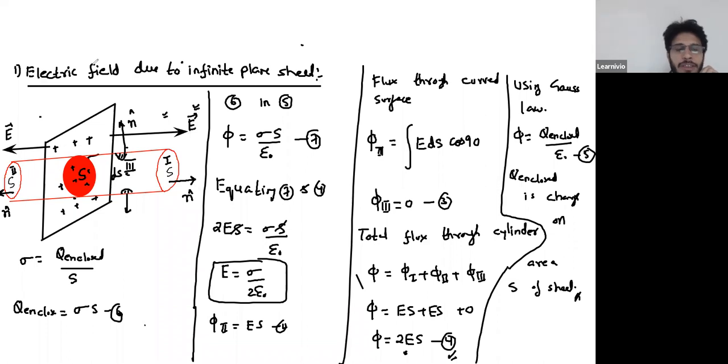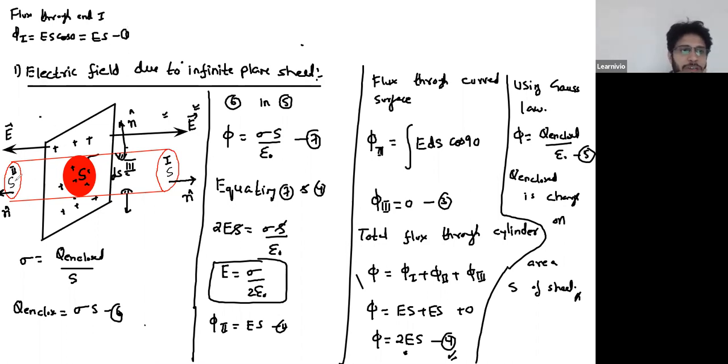This is electric field E. So through N1, flux is phi 1, which is simply ES cos 0, which is ES, since area vector and electric field are acting in the same direction. That's my first equation.